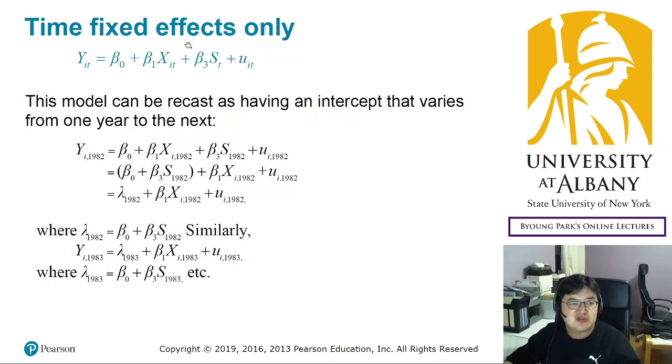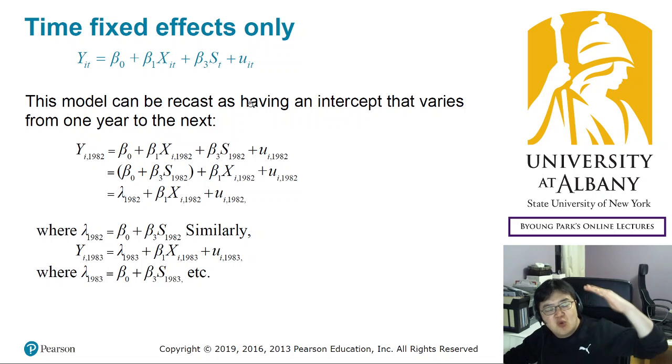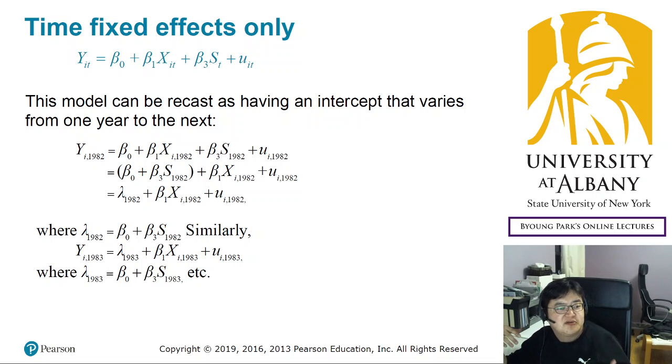You just need to think about how to cancel this guy. So earlier, when you had state fixed effects, we considered two different years, say 1982 and 1988, and if you take their difference, the state fixed effects are cancelled out because they do not change over time.